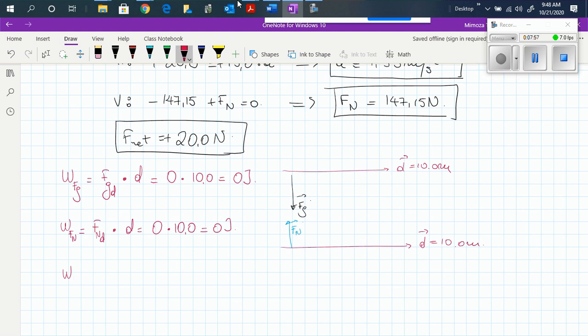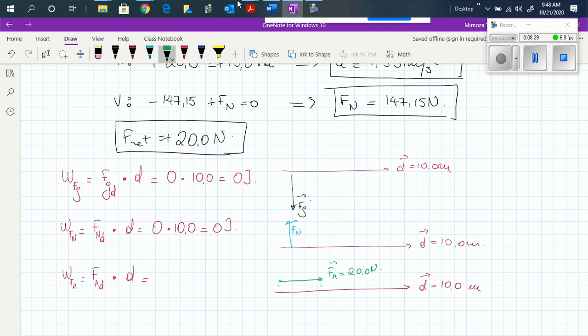And then the work done by force applied will be the component of force applied along the displacement times displacement. In this situation, what we have is something like this: displacement being 10 meters and force applied is this one here, which was 20. Force applied is 20.